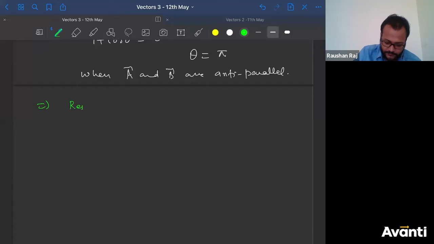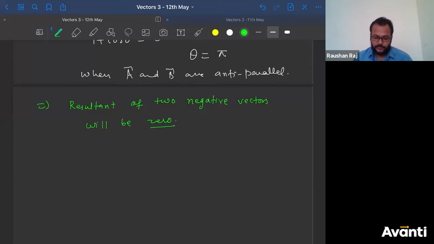resultant of two negative vectors will be 0. Now you must be wondering, sir, what is this? Why did I write negative vector? If you remember, what was the meaning of negative vector?